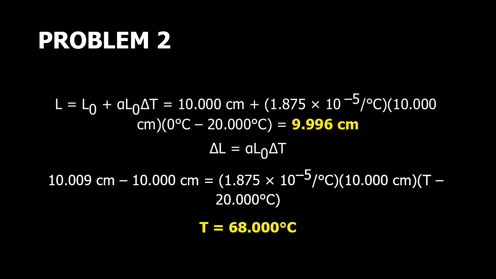So 10.009 minus 10 centimeters equals 1.875 times 10 raised to negative 5 per degree Celsius, multiplied by the initial length, 10 centimeters, multiplied by the change in temperature, T minus 20 degrees Celsius. Solving for the final temperature T will give you 68 degrees Celsius.